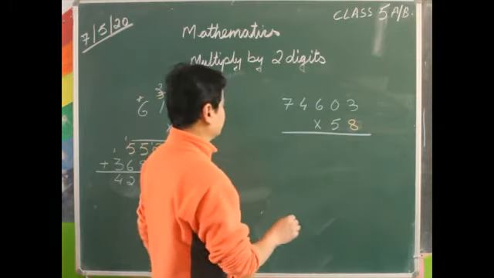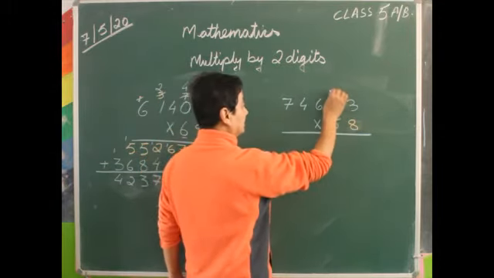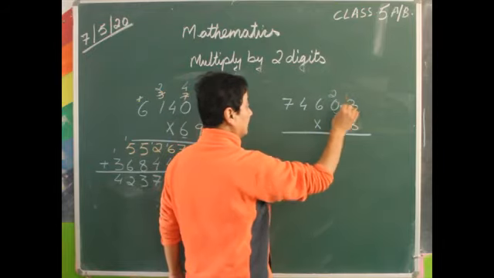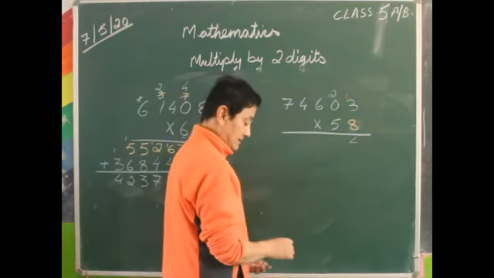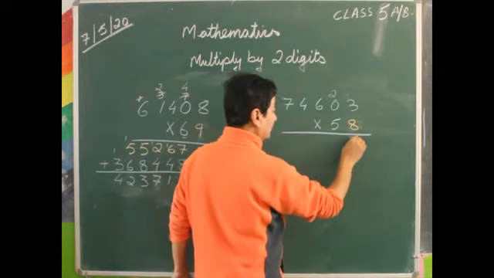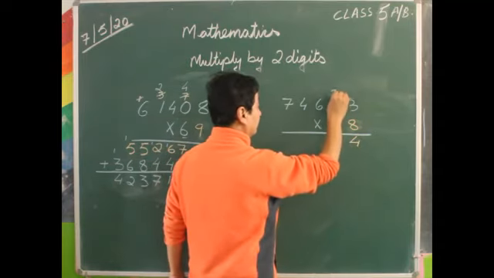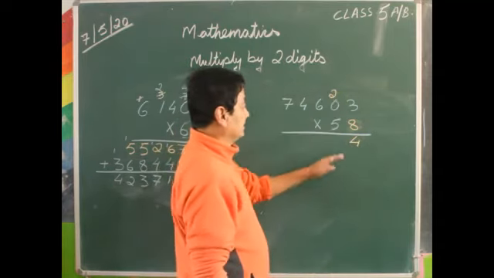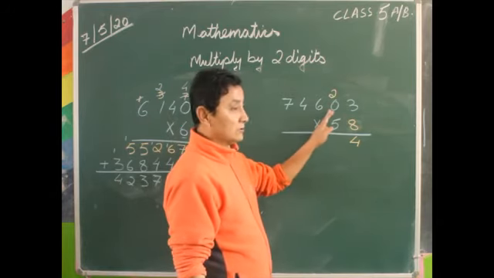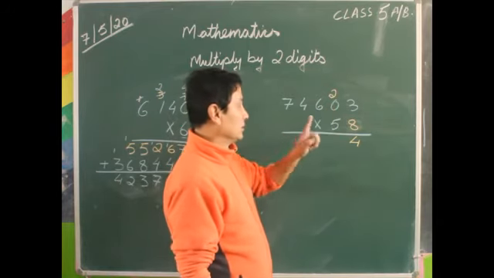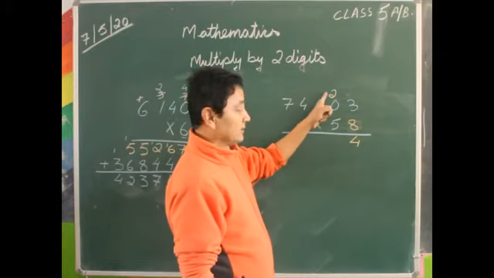Pay attention. 8 3s are 24. Let's use a different chalk. 24. 8 should be multiplied with 2 or 0. Good. Should be 0. Not with the carried number.